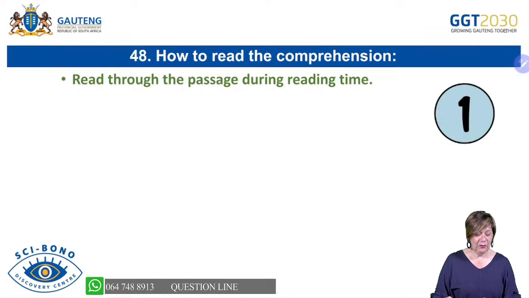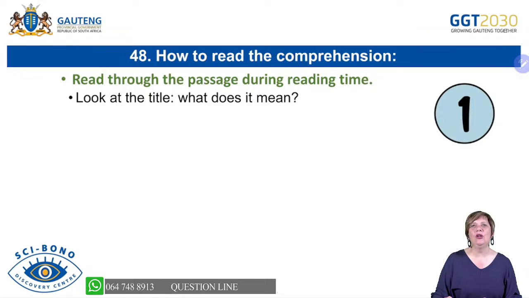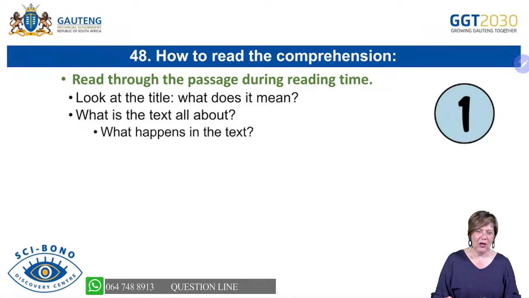As I said, read your passage during reading time. I need you to look at the title very carefully and figure out what it means. Remember, a lot of clues are left in the title. What is the text all about? I need you to get a good idea about the text. What happens in the text?